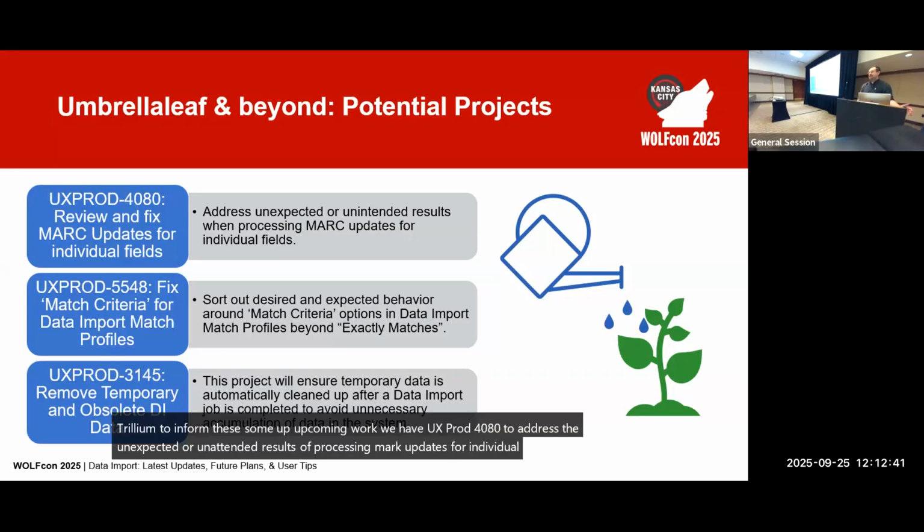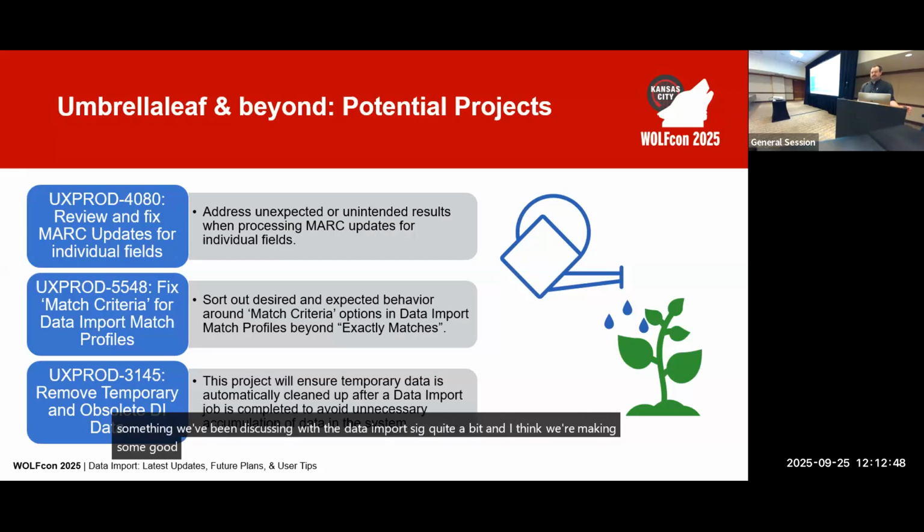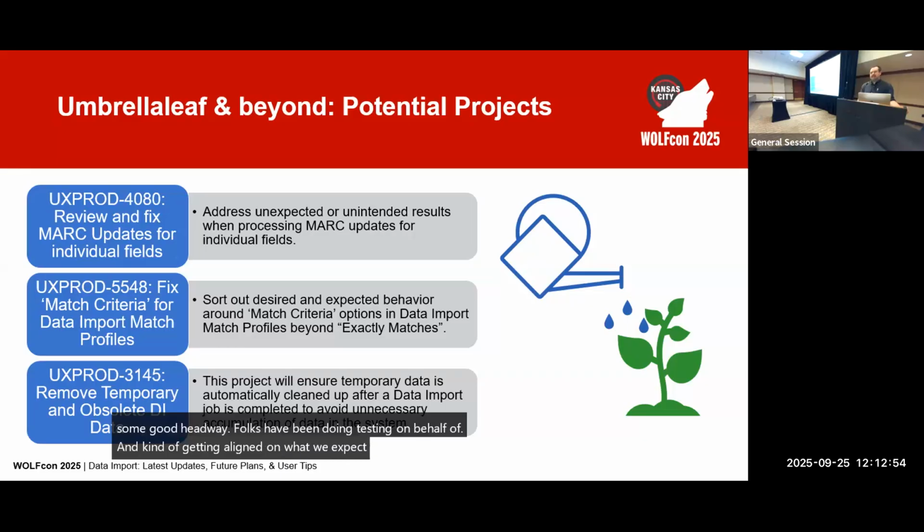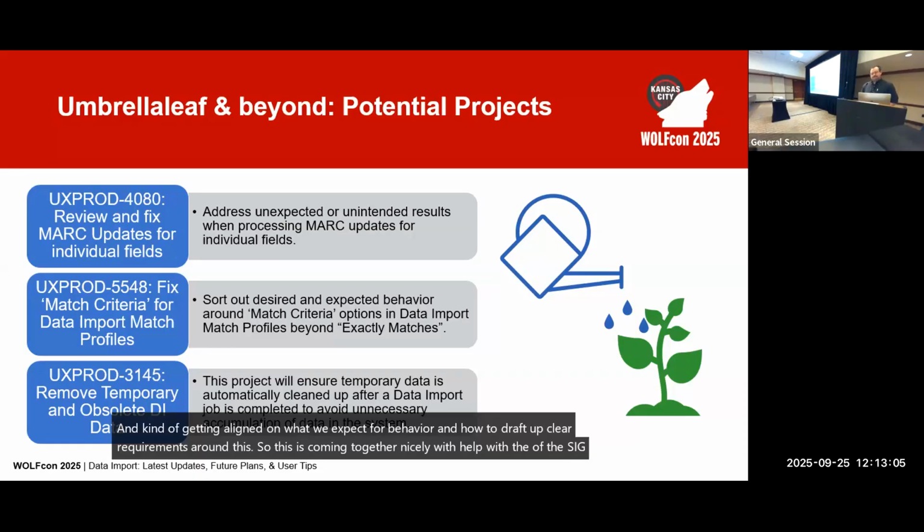Again, this is something we've been discussing with the data import SIG quite a bit, and I think we're making some good headway. Folks have been doing testing on behalf of this and getting aligned on what we expect for behavior and how to draft up clear requirements around this. So this is coming together nicely with the help of the SIG.